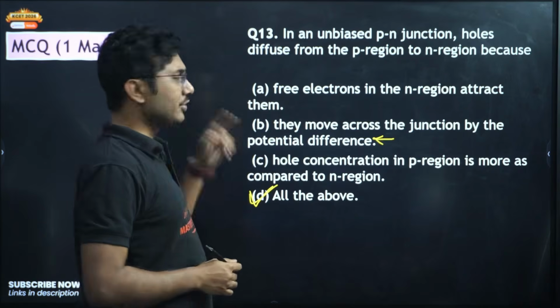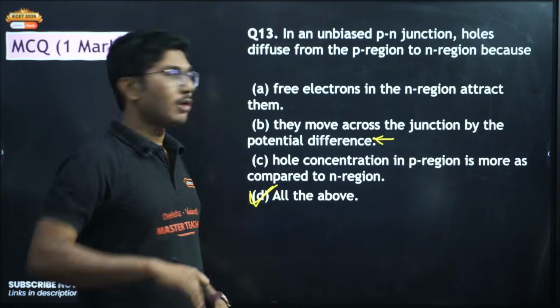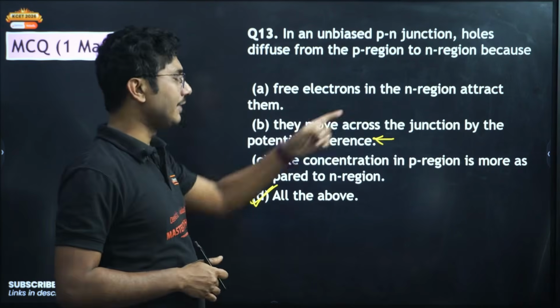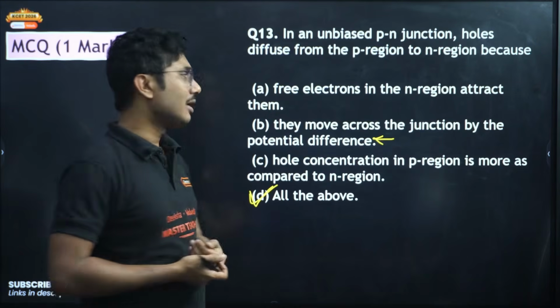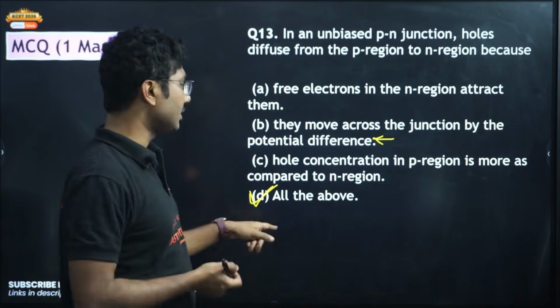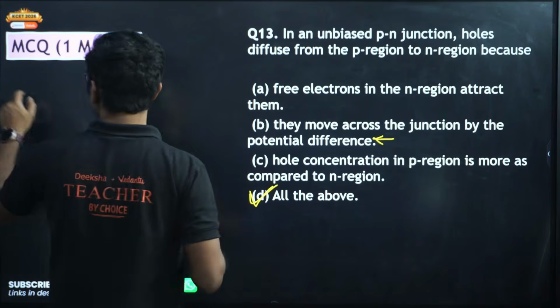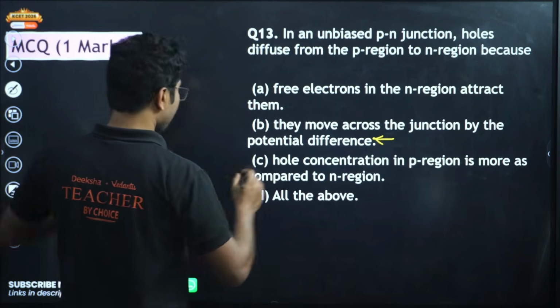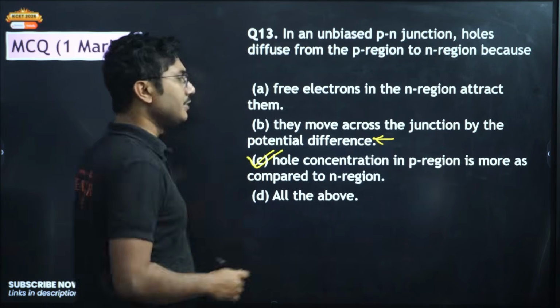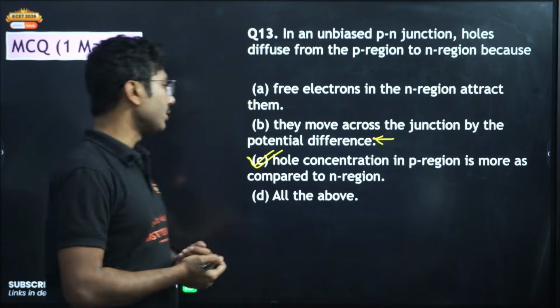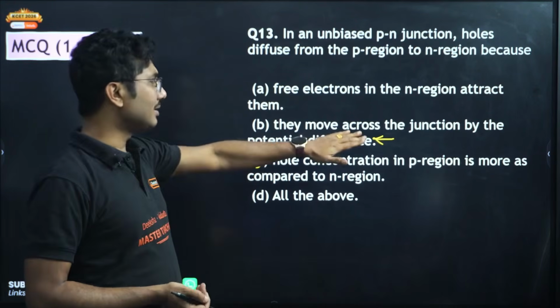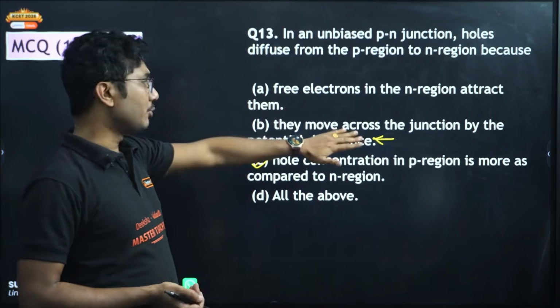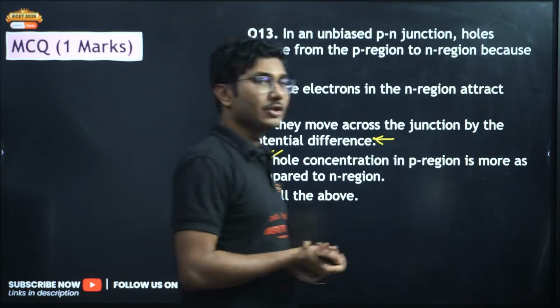The potential difference is actually developed in the opposite sense, but free electrons in the N region attract them, so that is one reason, so that's why I have answered all of the above. But otherwise, I think all of the above is an incorrect statement. More correct will be that hole concentration in the P region is more compared to the N region. The potential difference statement is actually not true. The potential difference is actually developed in the opposite direction.